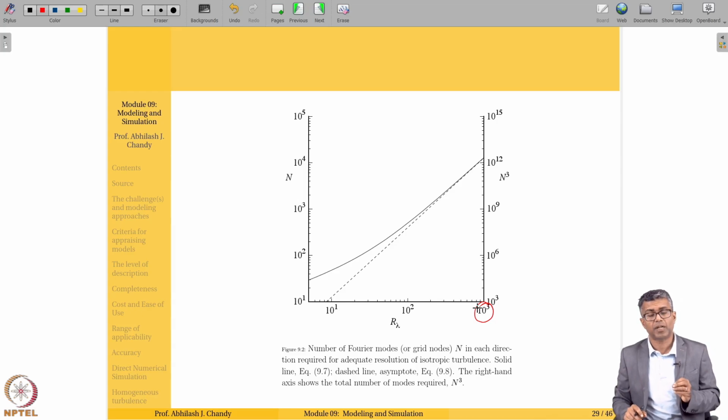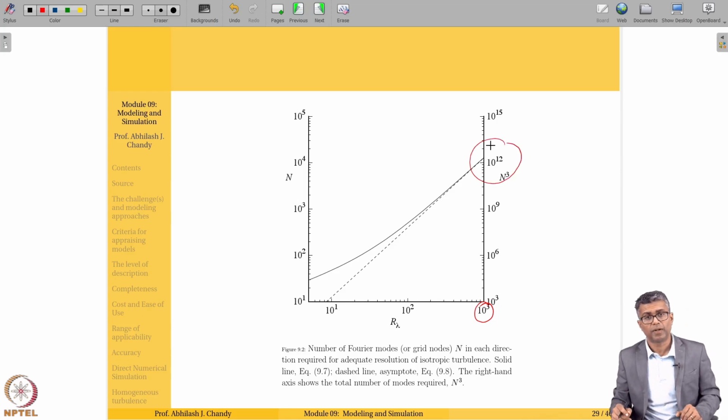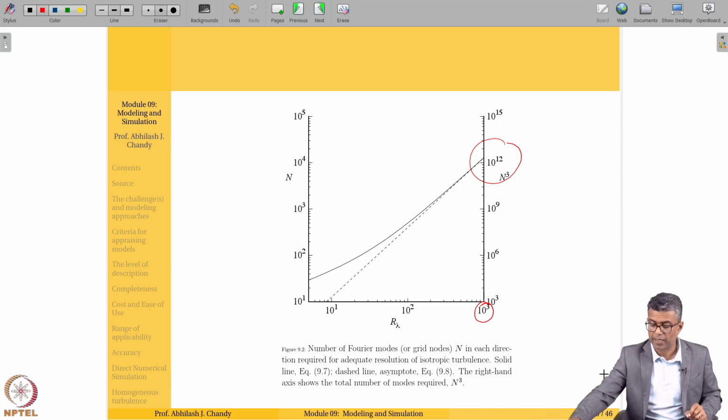R lambda equal to 1000 is turbulent, of course, and it is a Reynolds number that you see in a lot of applications. That means what you see here is realistic, 10 to the 12. We are talking about more than 1 billion points for a single calculation. So this gives you an idea, right?